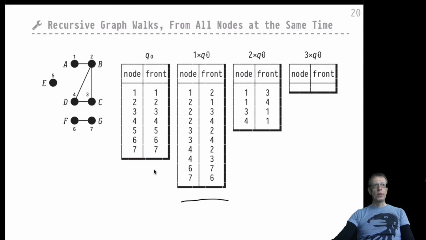Okay, in the first iteration we already traveled from A to B. Now we can travel from B to C using the BC edge here to make this path one step longer. So 1, 2, 3, that would be a new knowledge, a new endpoint of the walk starting from A. And indeed, we find it here. It's this particular row here, the 1, 3 row.